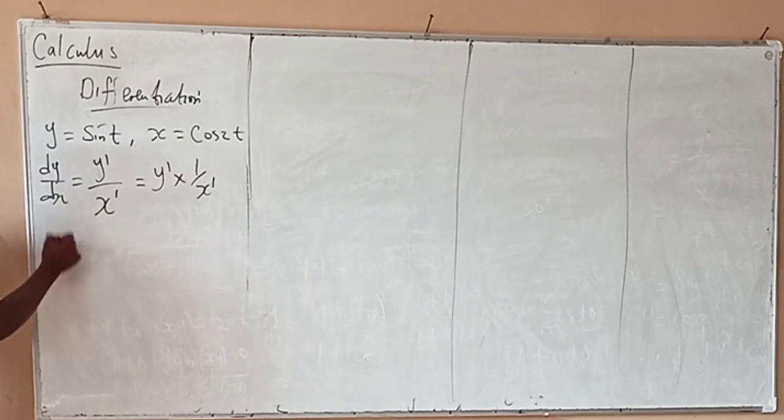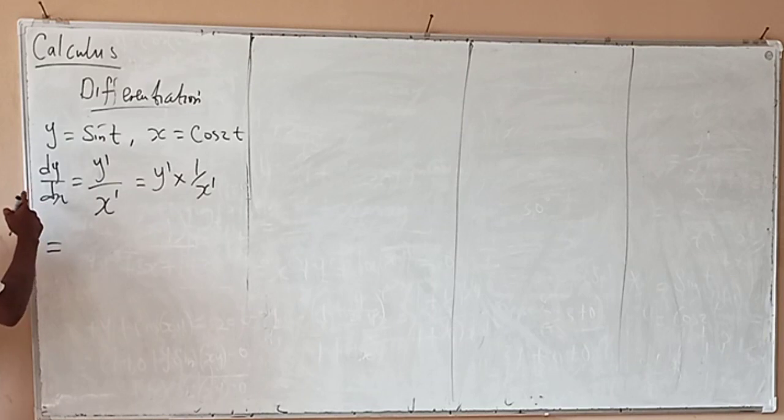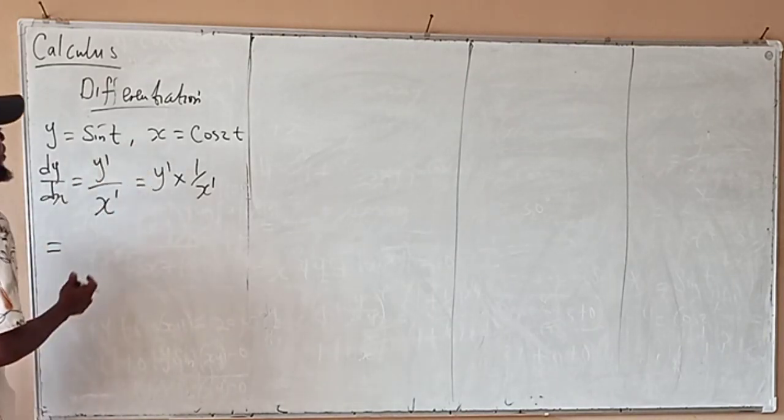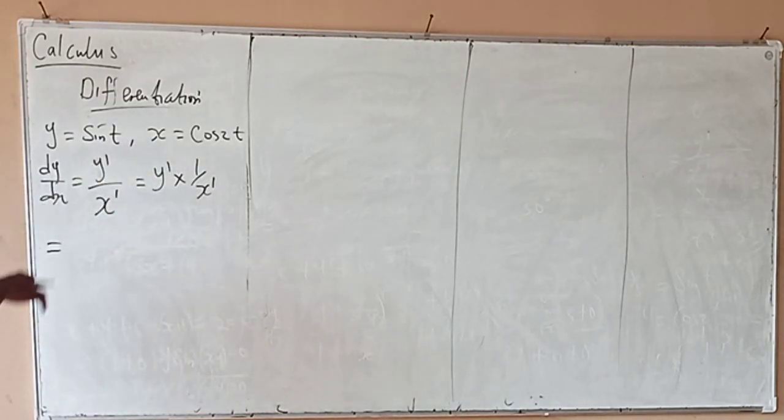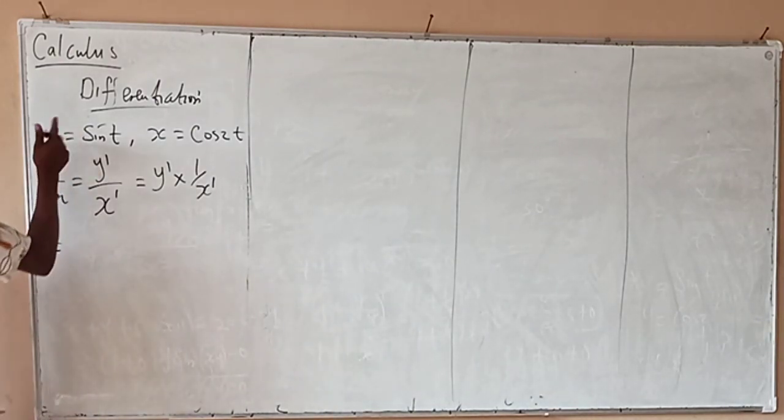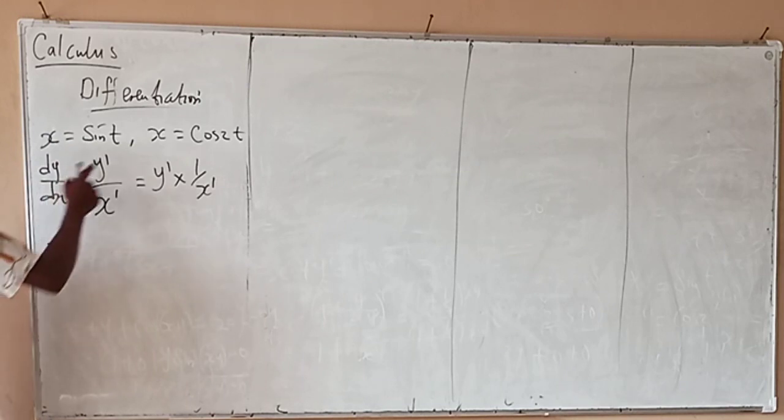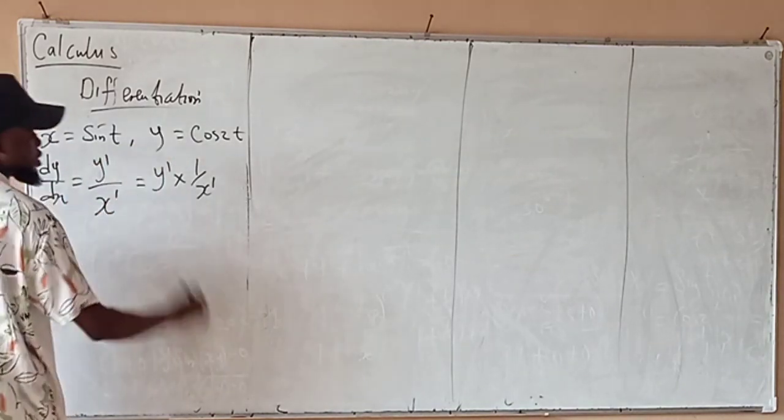So we're going to differentiate y. Now look at one thing I'm going to correct. X is sine t. Y is cos 2t.